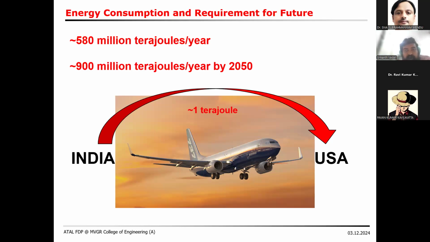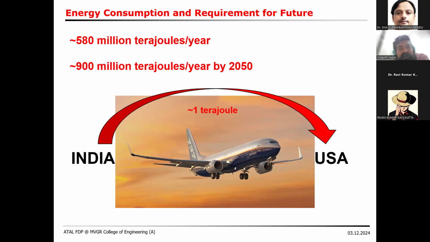If I were to travel from India to USA, about 100,000 kilometers by a Boeing 787, the energy expended is about 1 terajoule, that is 1 multiplied by 10 power 12 joules. So you see, we require so much energy, that is 900 multiplied by 10 power 6 multiplied by 10 power 12 joules per year by 2050.